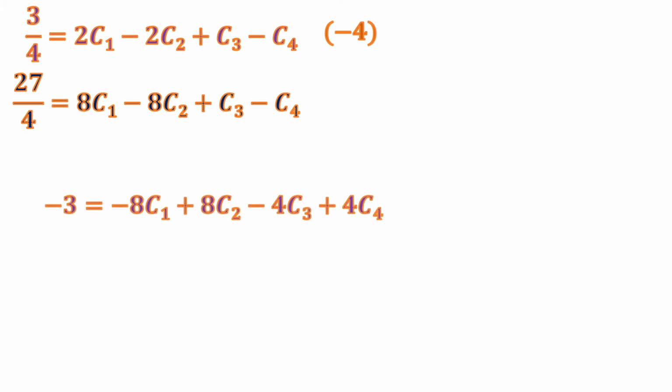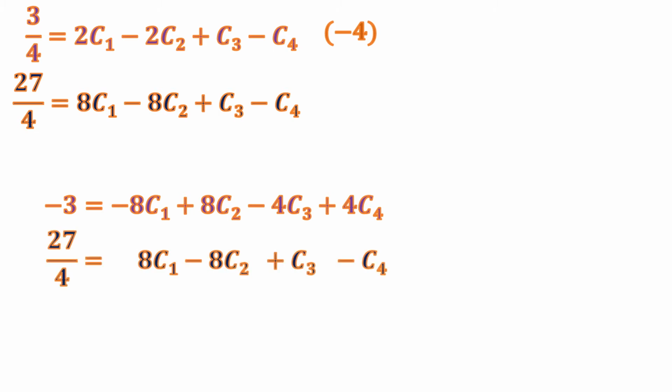So distribute the -4: 3/4 times -4 is -3, -4 times 2c1 is -8c1, -2c2 times -4 is +8c2, -4 times c3 is -4c3, and -4 times -c4 is +4c4.